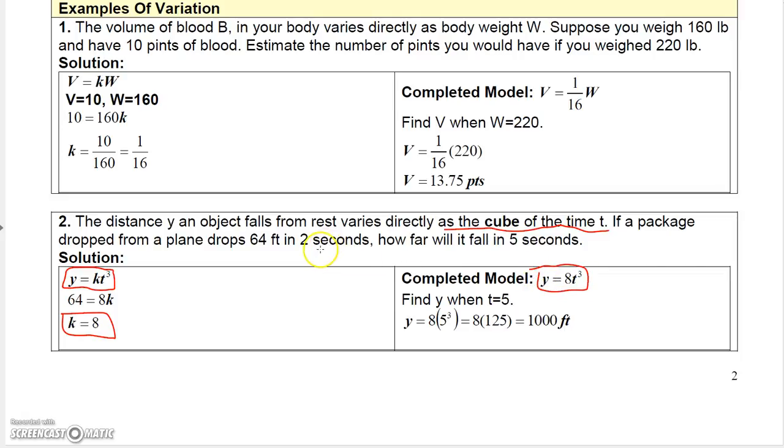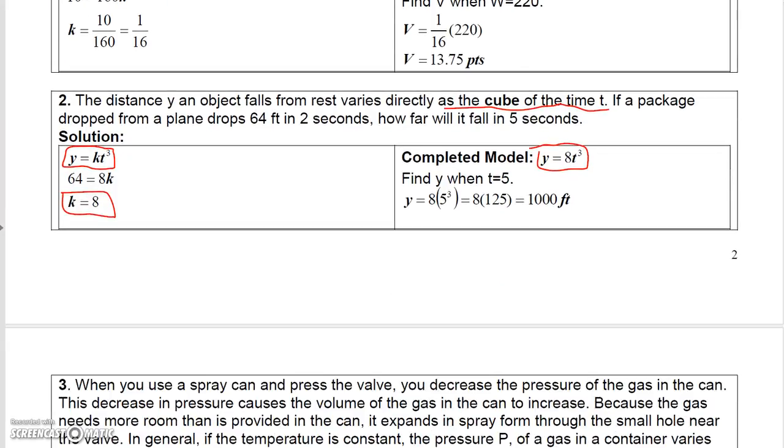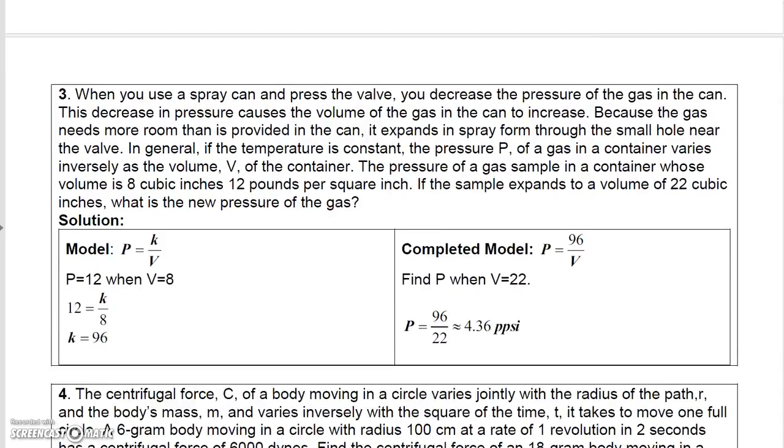And so, it doesn't have to vary directly or inversely as the variable. It could vary inversely or directly as the square or the cube or even the square root of a variable. So you've got to read the problems carefully to learn how to set it up.